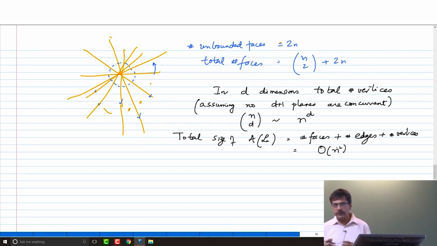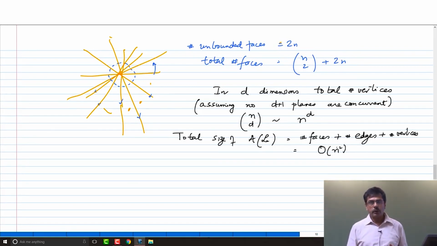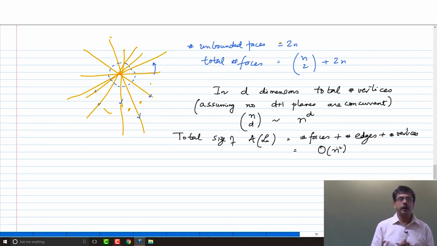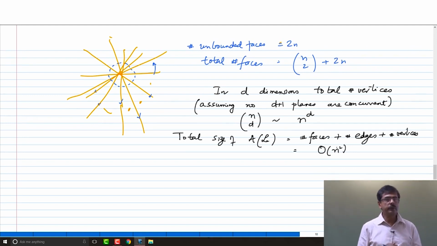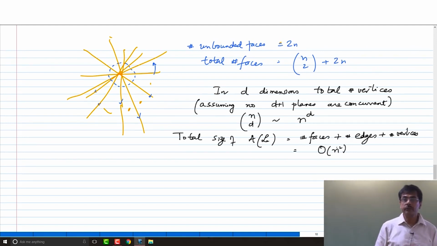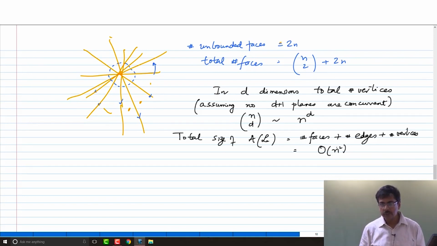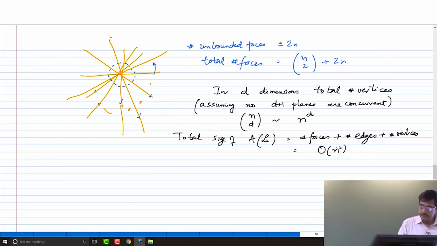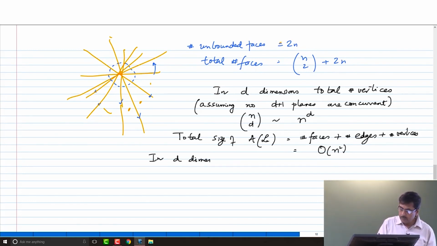In 2 dimensions, that is easily established. Now, in higher dimensions that is slightly harder, because in higher dimensions you have to deal with many kinds of faces and facets actually. So, in d dimensions you have various things, right.